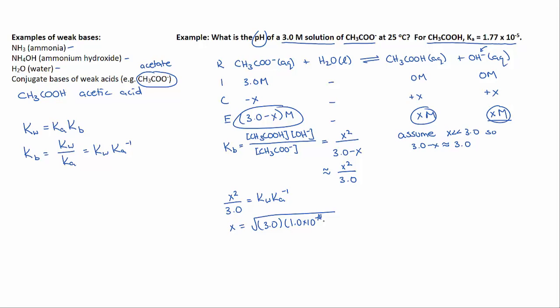This is just a constant at 25 degrees Celsius, and the Ka is given in the question, 1.77 times 10 to the negative 5. This value here is 4.1169 times 10 to the negative 5, and I'm going to put in the units of molar. This is our concentration of OH minus at equilibrium. It is also the concentration of acetic acid at equilibrium, but I'm not being focused on that one since it's not going to tell us about the pH.